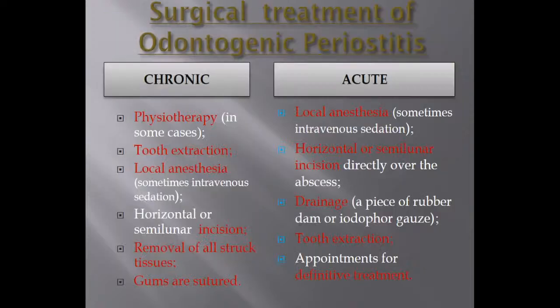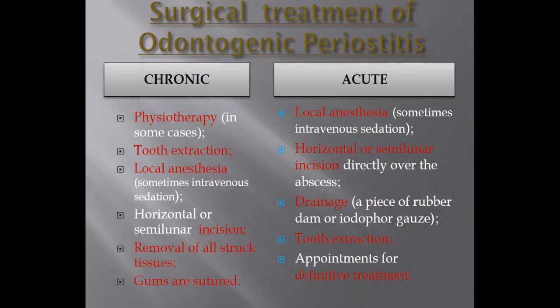Treatment. As you can see on this slide, it's physiotherapy in some cases. Of course, tooth extraction if it's the odontogenic form. If the cause or etiology of this periostitis is trauma, we have to drain this hematoma under local anesthesia, of course.